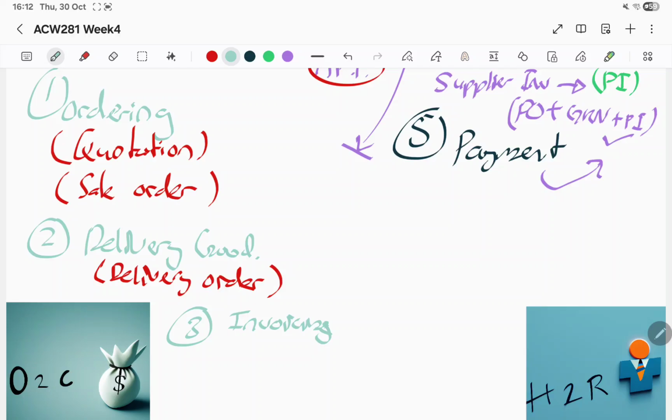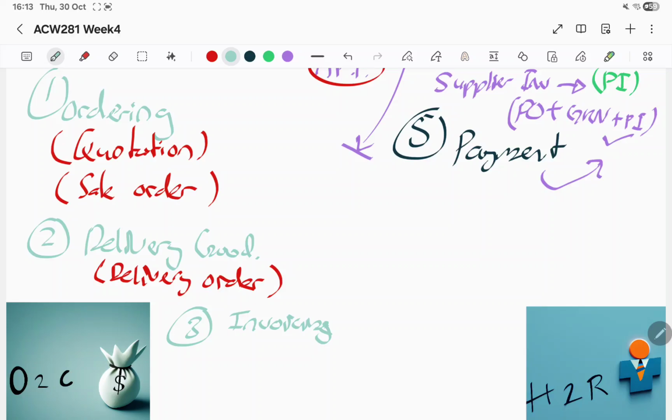Okay, if you are with me, we have the customer, all right? Customer comes in, customer quotes you something, or you quote the customer something, depending on which way. All right, you negotiate. Once you negotiate, you send the customer the sales order. Then the customer receives the sales order, approves, you send the goods, and then you invoice, right? But before you can even produce the sales order, what do you need to do first?